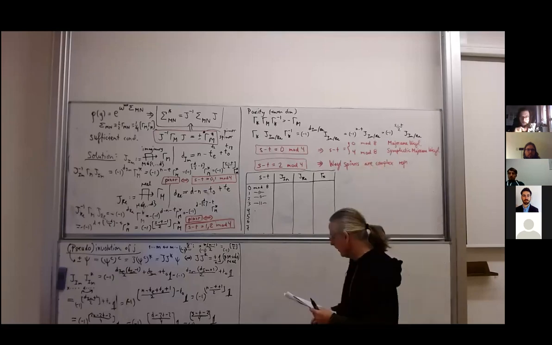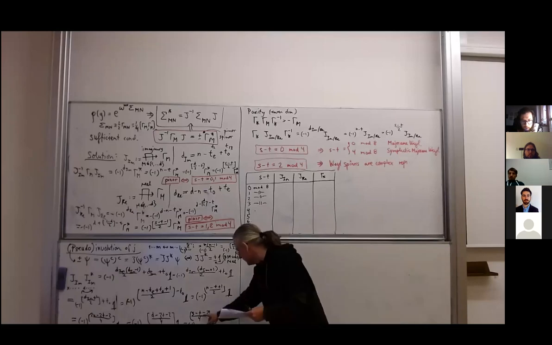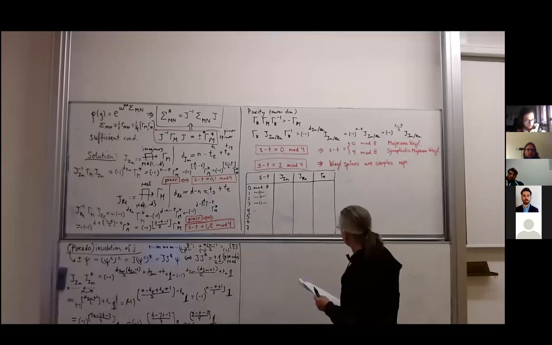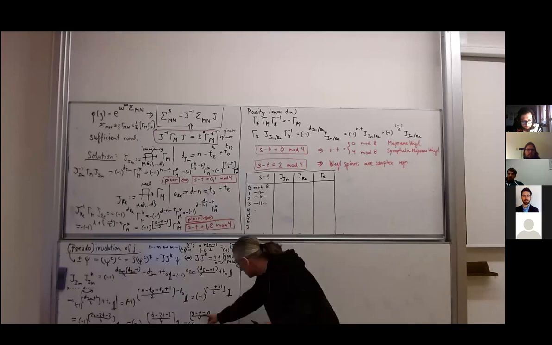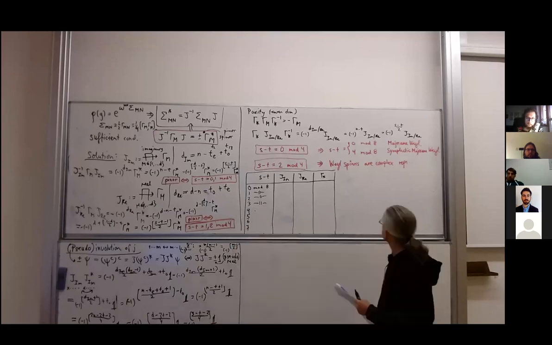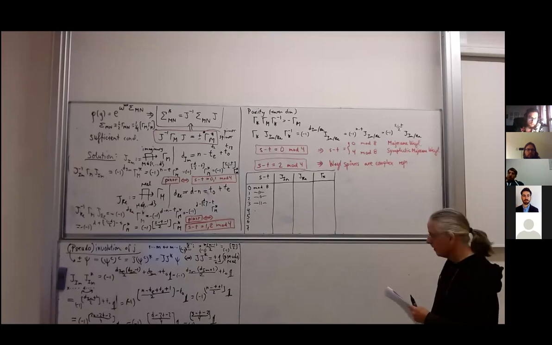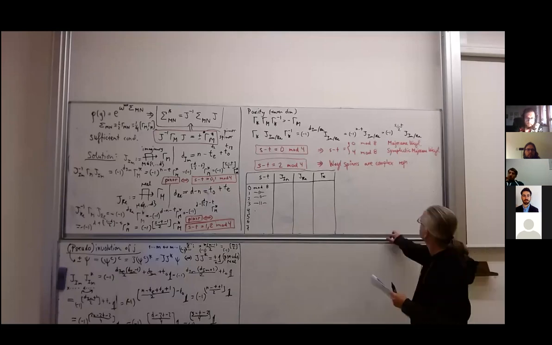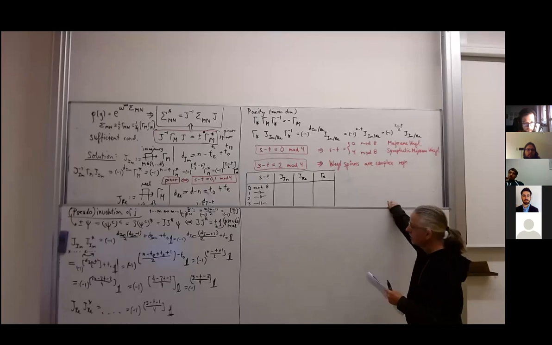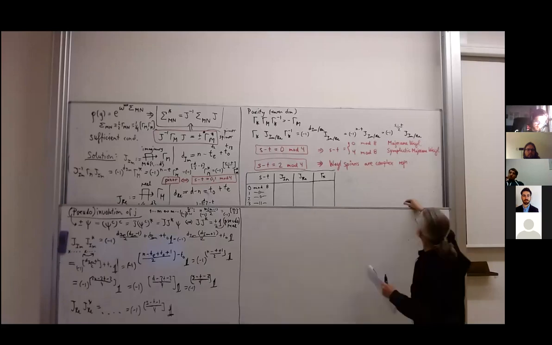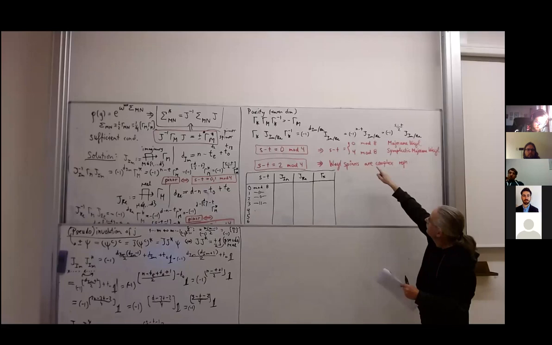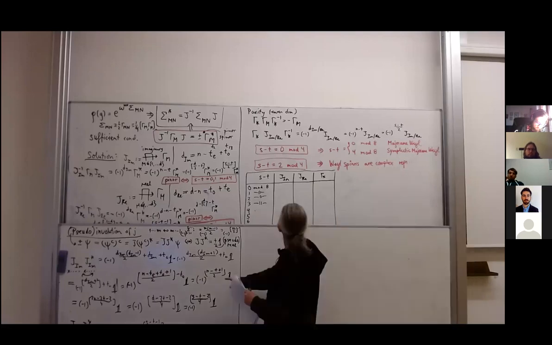So when we have s minus t equal to 0 mod 4, then mod 8, this one becomes plus. So this is the Majorana Weyl condition.